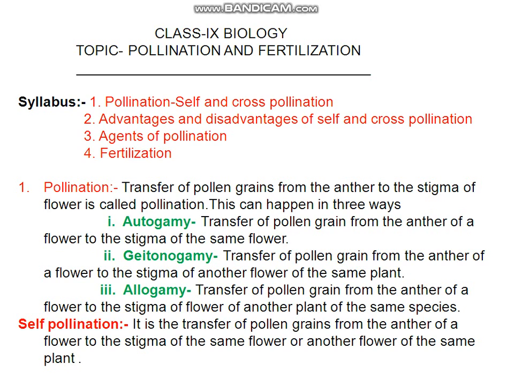Now go through self-pollination. The definition of self-pollination is also given. I have already told you. It is the transfer of pollen grains from the anther of a flower to the stigma of the same flower or another flower of the same plant. So this is called self-pollination.